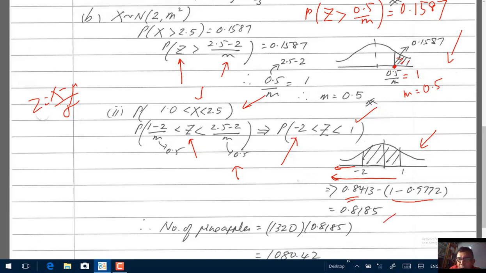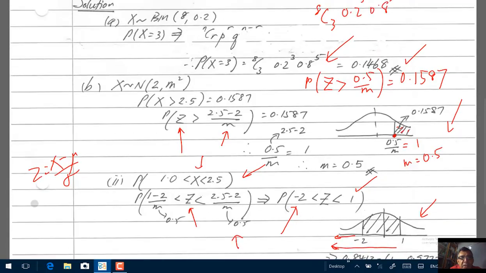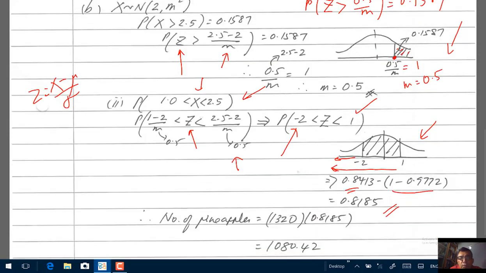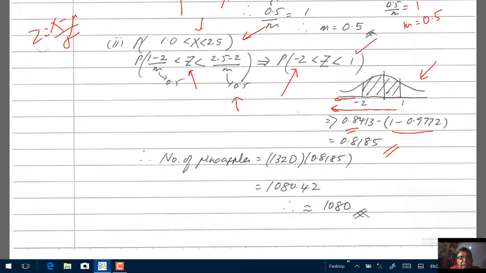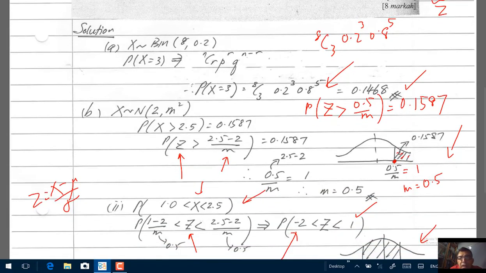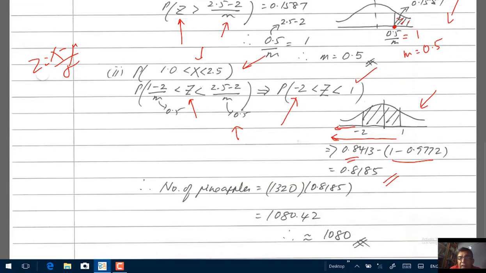Use a calculator and you'll get 0.8185 as the probability of the mass lying between 1 and 2.5. Now, you're told in the question we have 1320 pineapples. So the number of pineapples that we expect to have a mass between 1 and 2.5 will just be 0.8185 times 1320. Use a calculator and you'll get 1080, and we are done.